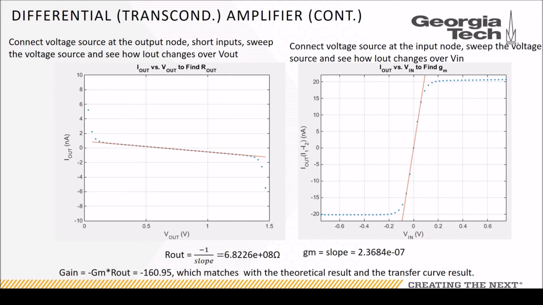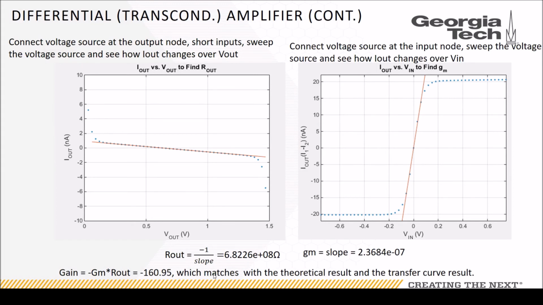If we are given a voltage source and an ammeter, we can follow the procedure listed on the left to find the Iout versus Vout curve, where the output resistance is just 1 over the slope. And following the text on the right side, we can get a curve of the transconductance, and we get a value of 2.3 times 10 to the negative 7th.